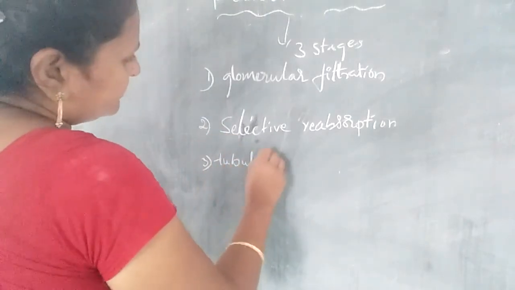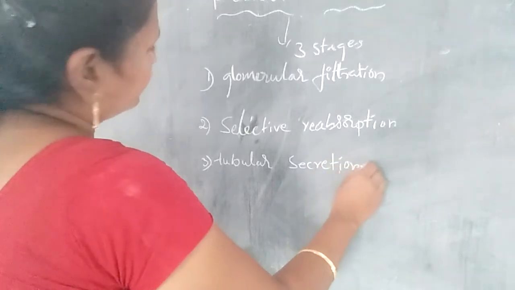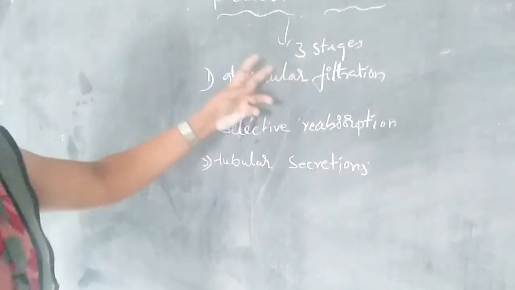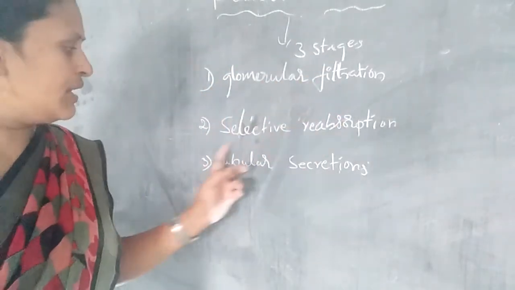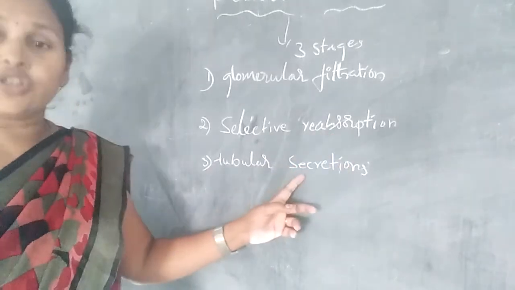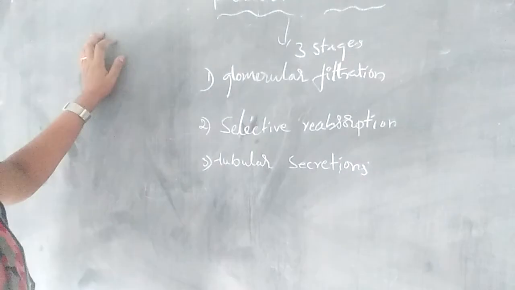So the formation of urine mainly has three stages. The first one is glomerular filtration, the second is selective reabsorption, and the third is tubular secretion. These are the main stages.